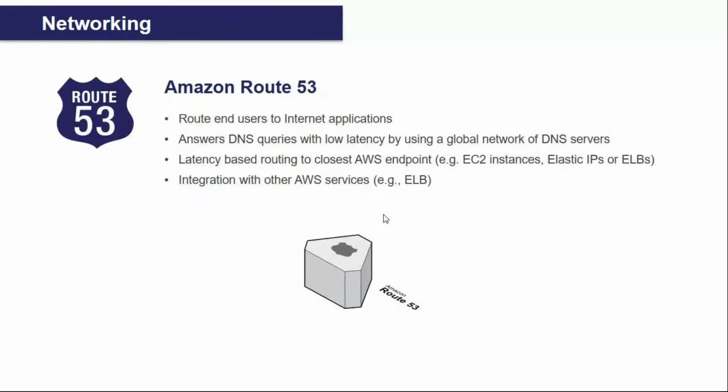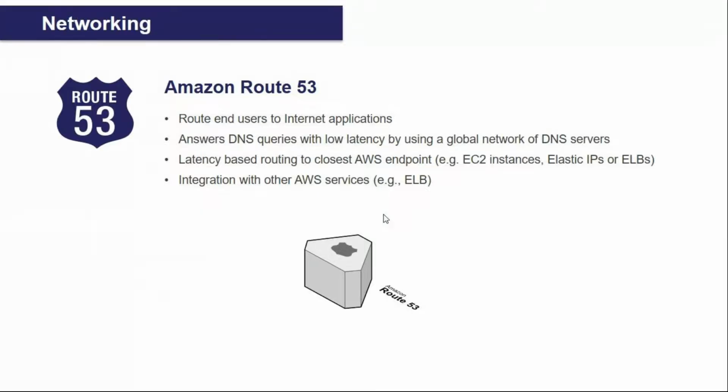So Amazon Route 53 is a DNS service. When we are going to develop a website or register our domain, we need some DNS service which can map a name to the IP address. So Amazon Route 53 is a highly available and scalable domain name service.